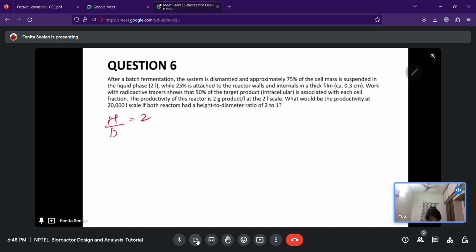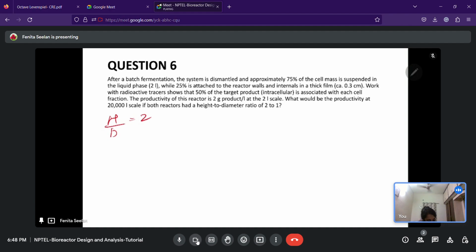So what is asked in this question and how do we start solving this? You were given a productivity for your small scale reactor and you were asked the productivity for a larger scale. So first you have to find out the dimensions of your large scale reactor, then we can proceed with your productivity calculations.